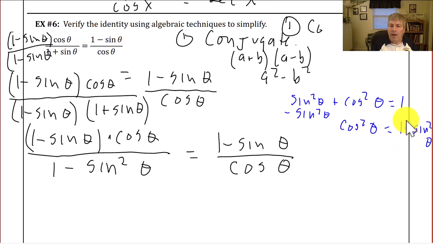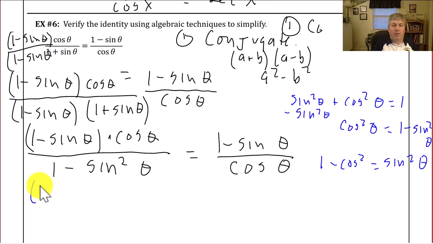So 1 minus sine squared theta can be written as cosine squared theta. Similarly, 1 minus cosine squared theta will equal sine squared theta. That's just rewriting the Pythagorean identity by subtracting either sine squared from both sides or cosine squared from both sides. So you will memorize that 1 minus sine squared theta does indeed equal cosine squared theta.